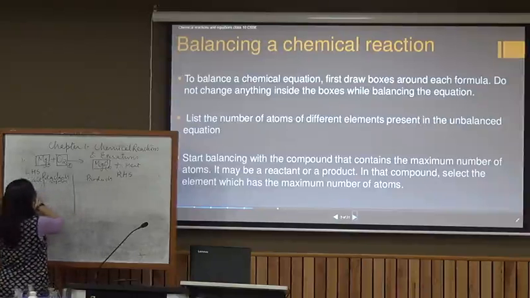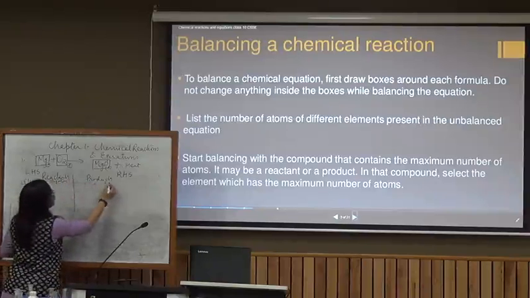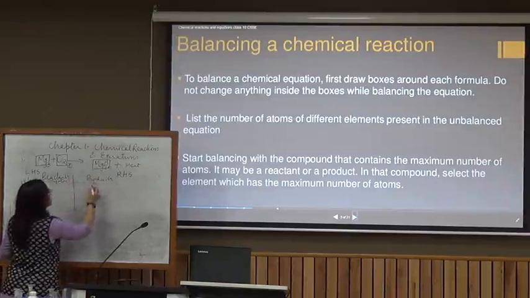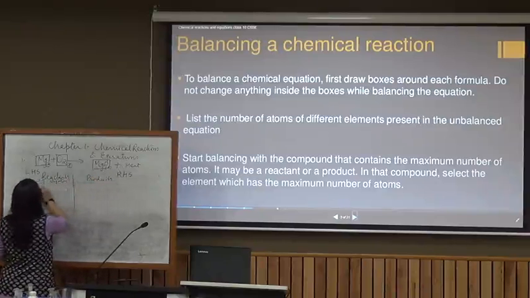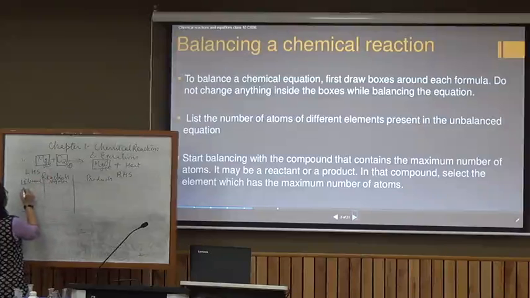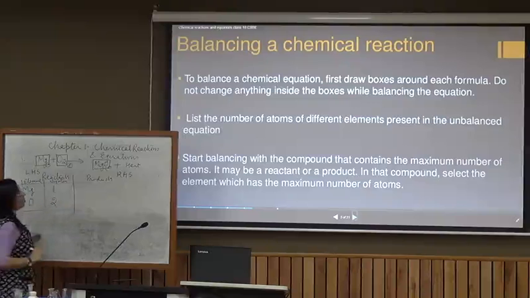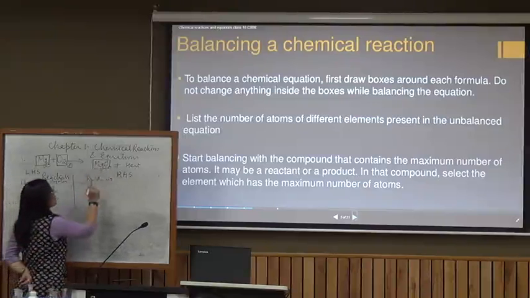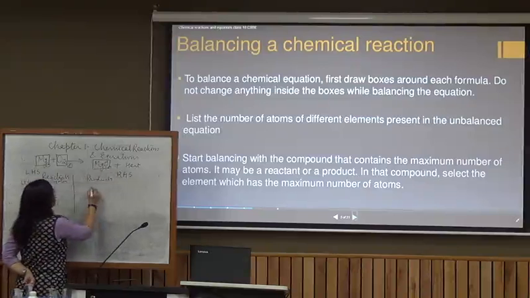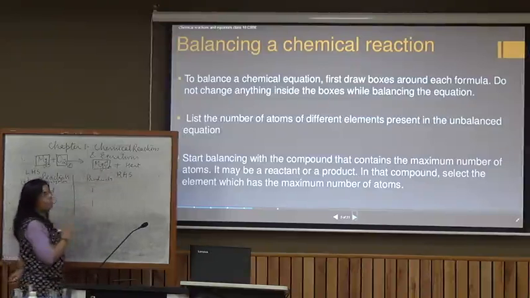Same for the same elements, the number of atoms of each element in the product side. So if in this case we had elements like magnesium and oxygen, and in the reactants we have one atom of magnesium involved and two atoms of oxygen involved. Among the products we have a single product here, so it's magnesium 1 and oxygen 1.